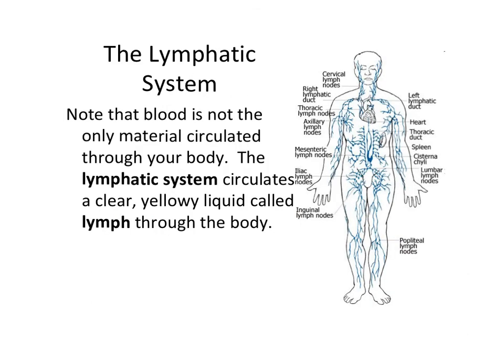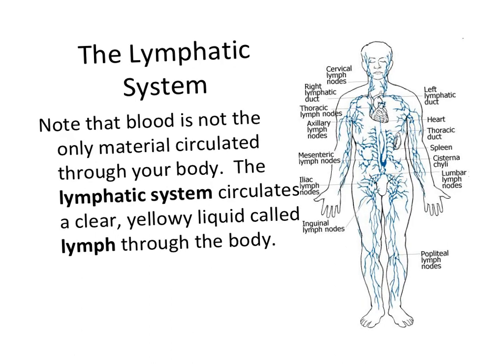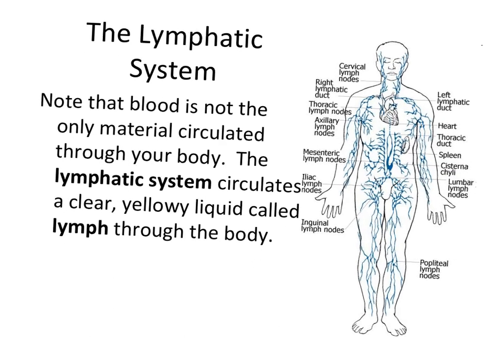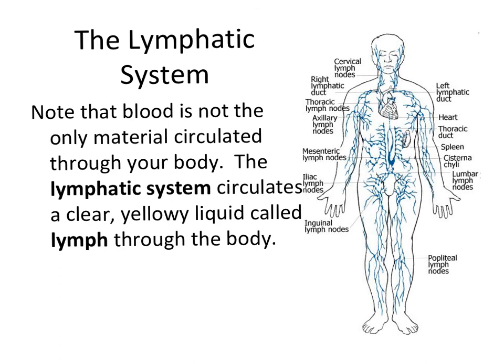So it is important to recognize that the circulatory system is not the only circulation of fluids in your body. There's also the lymphatic system, and the lymphatic system circulates lymph. The lymphatic system is considered to be part of the circulatory system because it is circulating lymph around the body and works closely with our circulatory system in the case of blood vessels.